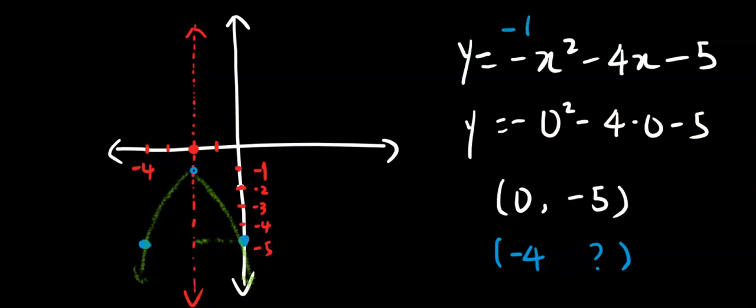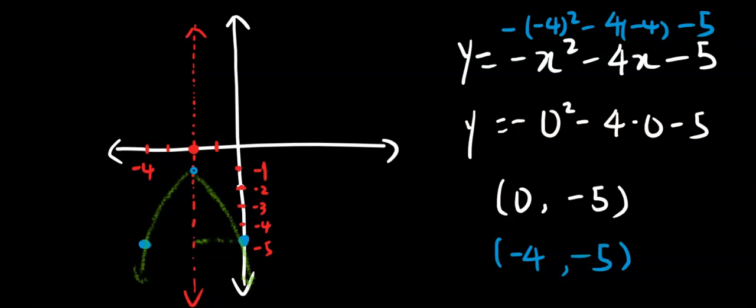If you calculated it correctly, all right, I assume you already gave it a go. So you should have y is also negative 5.